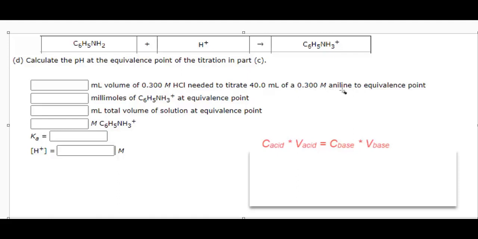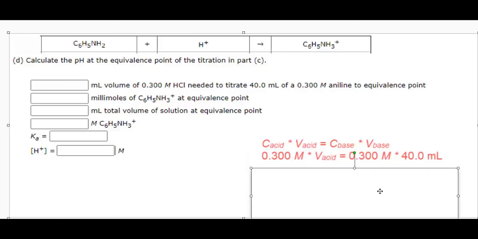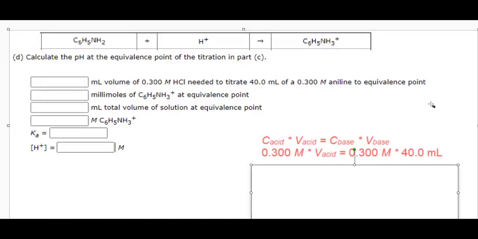Wait a second, that's pretty easy because the concentration of both of these is the same, so obviously you're going to need the same number of moles of acid, 1 to 1. You could use this equation to solve it, but there's no real need to.